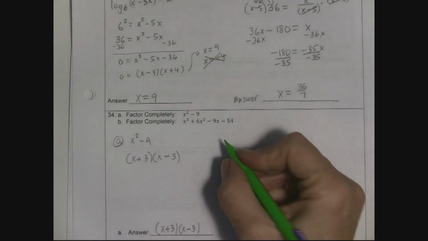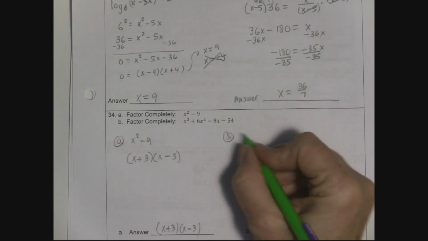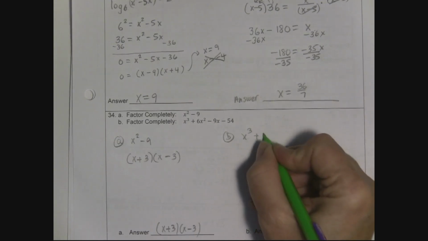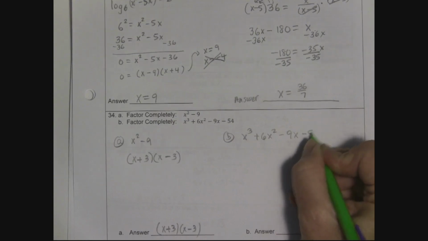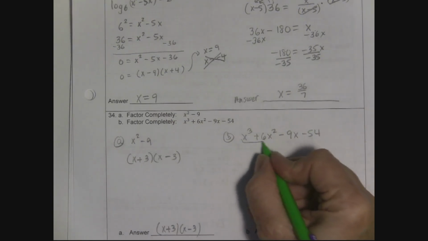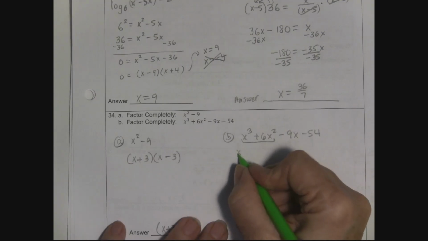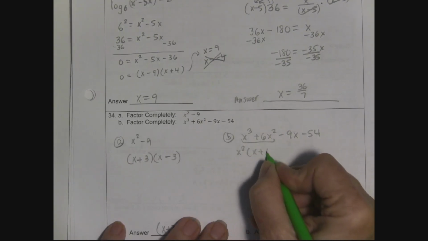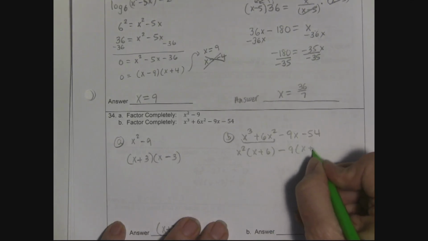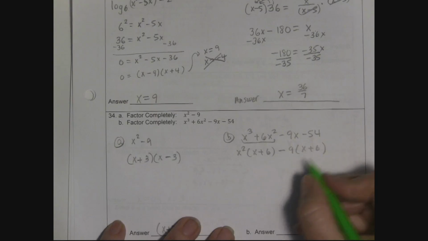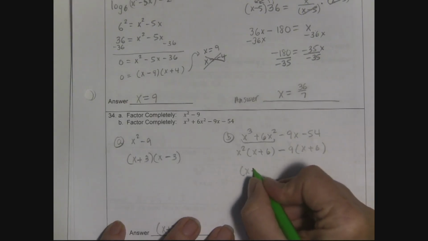And then the other one, B, is, oh wait, we factored that today. We factored that on one of the problems. You group the first two, x squared and x plus 6. You bring down the sign, minus 9, and then this is x plus 6. They have x plus 6 in common, so you write it in the front.